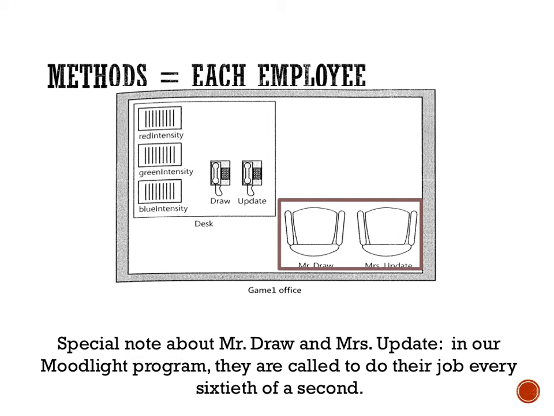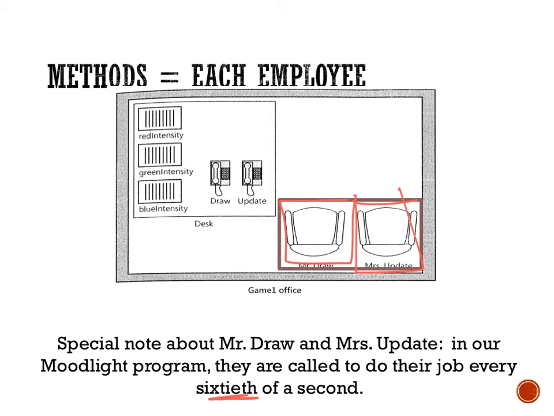Now, a special note about the way that Monogame runs is that Monogame runs 60 times per second. So what that means is that Draw and Update, these 2 employees that we've talked about in full, these 2 methods, are called to do their job 60 times per second. So every single time Monogame is running, it calls these methods to do their job 60 times per second.